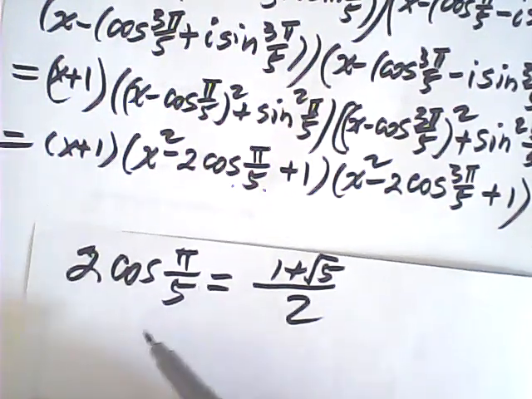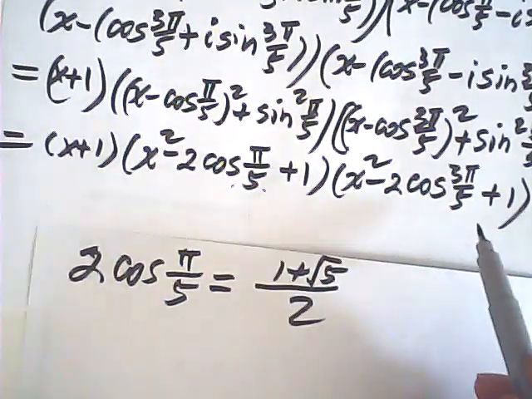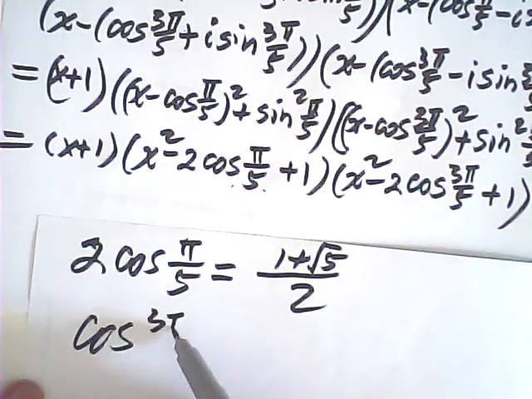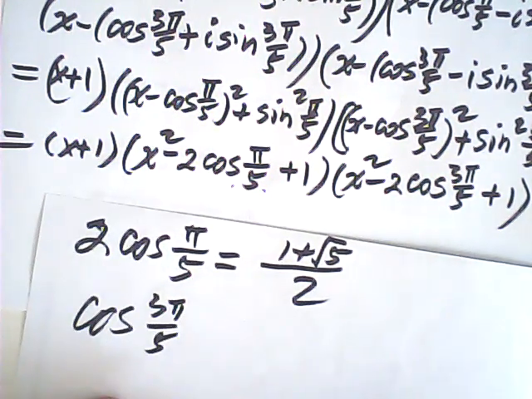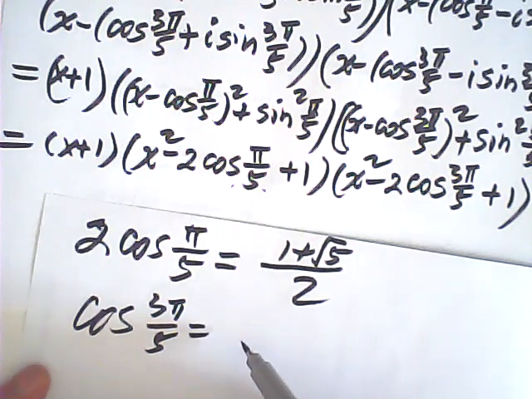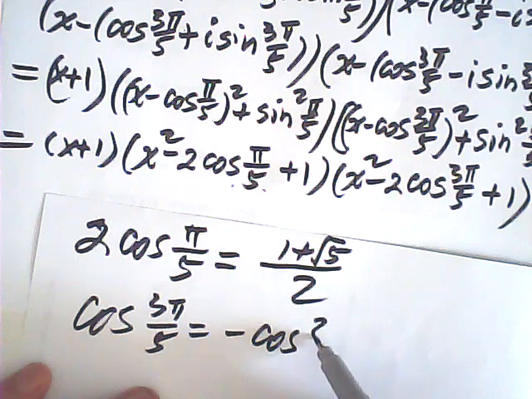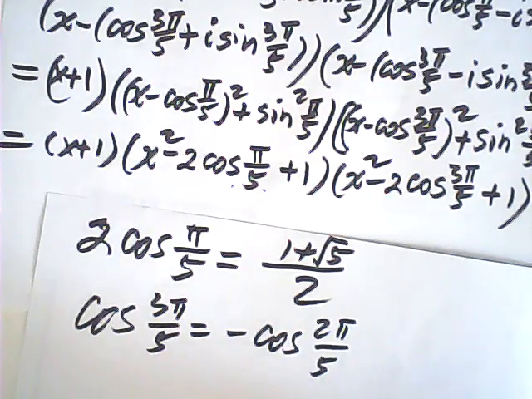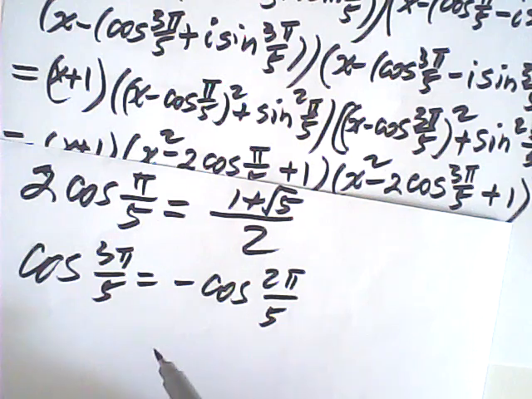So this is golden ratio. And for cosine 3 pi over 5, it is equal to negative cosine 2 pi over 5, right? That means pi minus that.